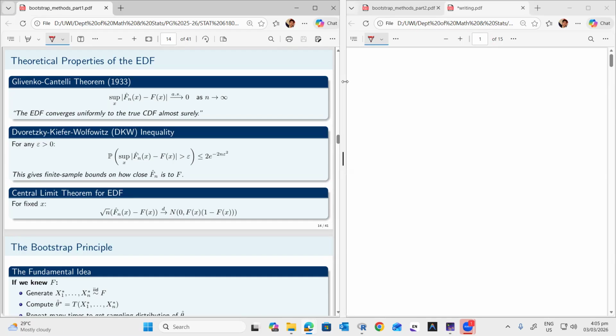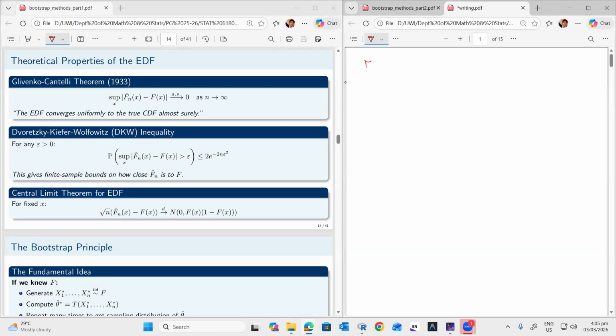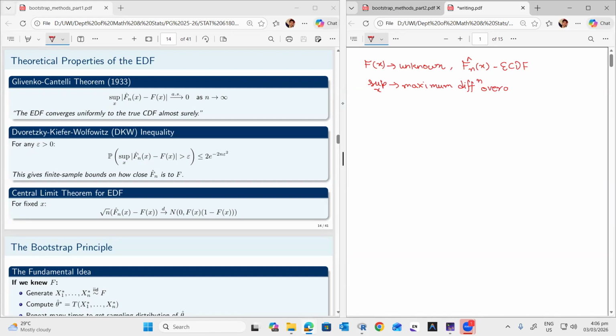So what is the meaning of this? This theorem says that if you have the distribution function of the population, F(x), that is usually unknown, all right, and F_n(x) is your empirical CDF from the sample, then the supremum over x is basically defining the maximum difference over all values of x.